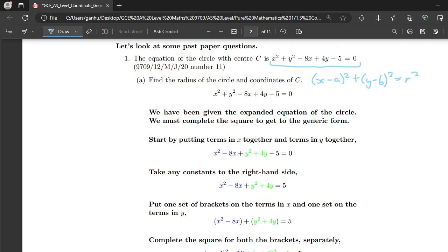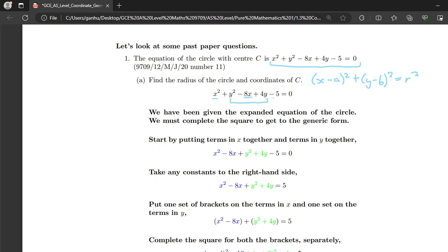To do that, put all the terms that have an x next to each other, and the terms in y will also be next to each other. Then move any constants to the right hand side. After we do that, it will look something like this.